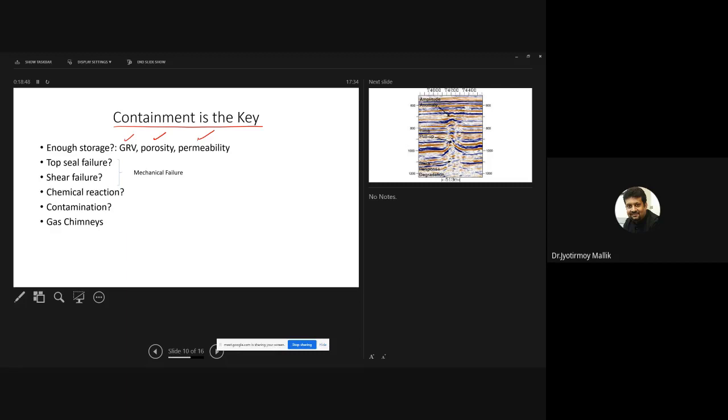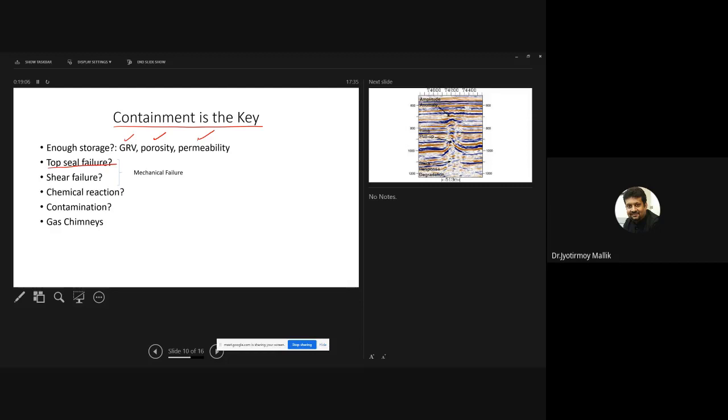Okay, are there chances for top seal failure? The seal, which is a shaly rock, while I inject carbon dioxide, will the seal fail? Will the seal get fractured? That's another risk.